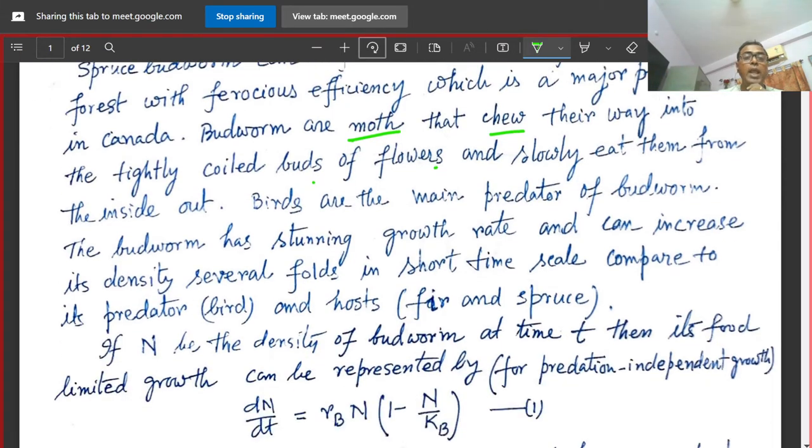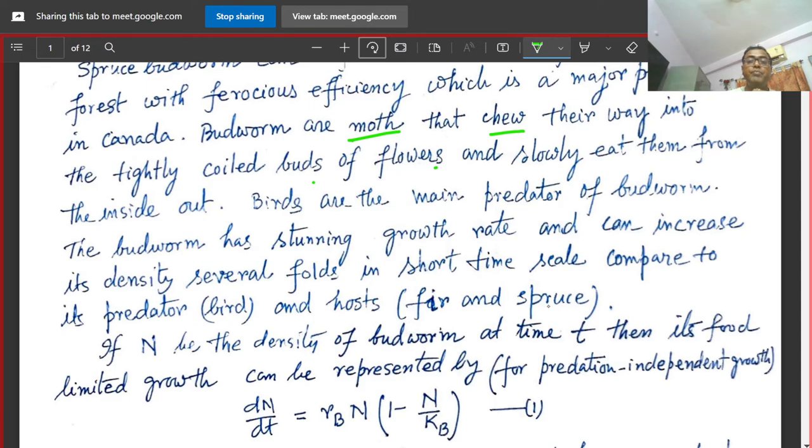The budworm has a stunning growth rate and can increase its density several folds in a short time scale compared to the predator bird and the hosts, that is fir and spruce trees.